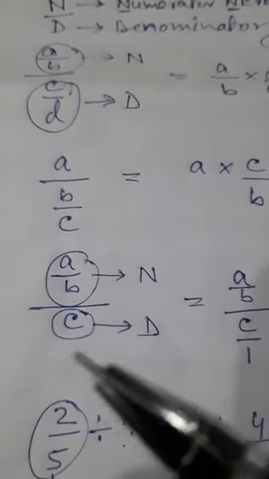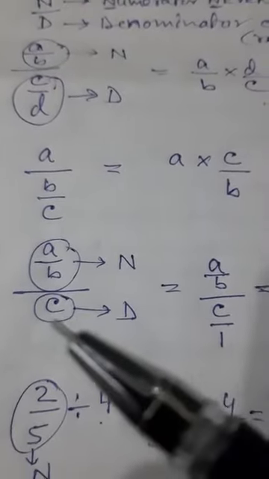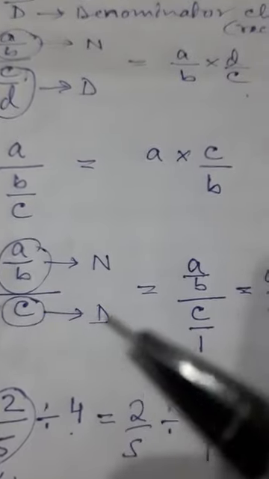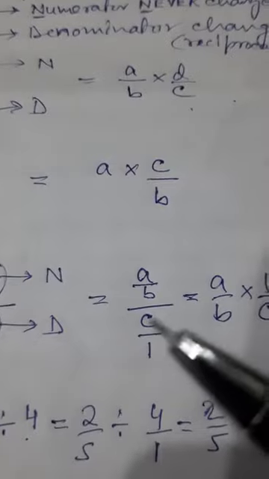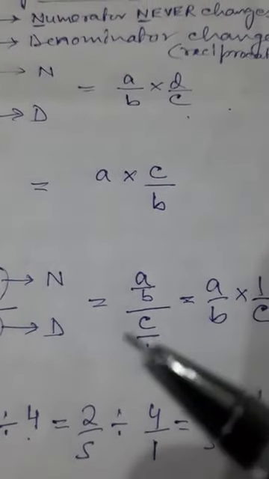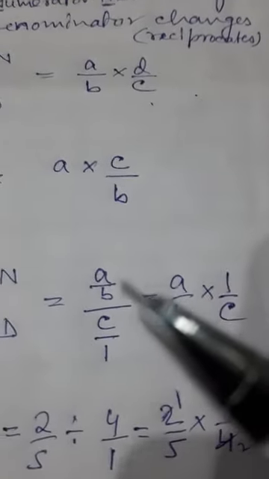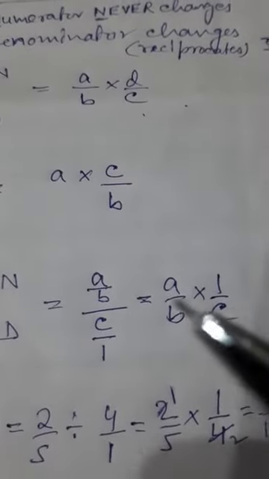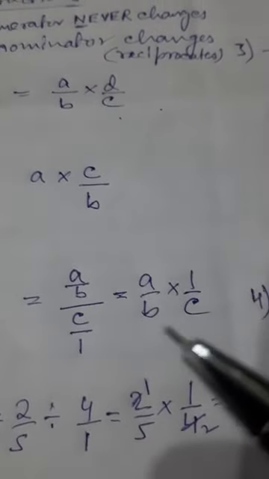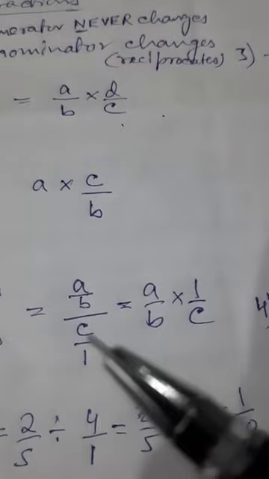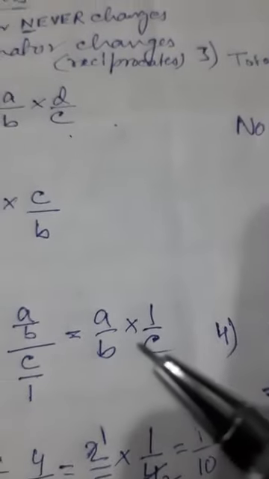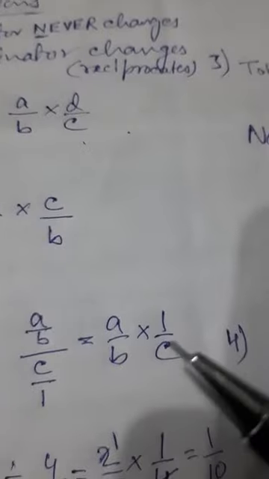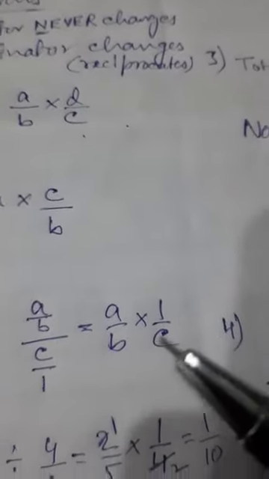So how to make C a fraction? We can write C as C upon 1. So now it is also converted into a fraction. So numerator, as you know, does not change. So A upon B will remain A upon B, and this division when gets converted into multiplication, so it will get reciprocated, so it will be 1 upon C.